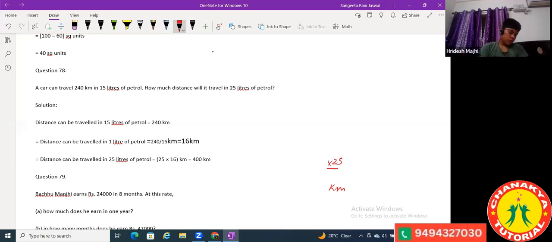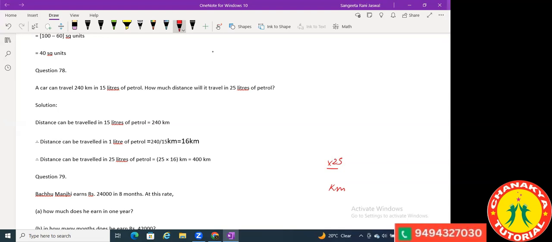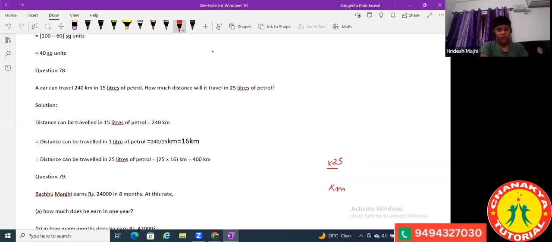Teacher, 3 8s are 24. Again we have to add an extra 0, which equals 125 by 80. Yeah, teacher. Can you tell me how much the car will travel in 25 liters? Teacher, I didn't get it, but I have cancelled to the lowest terms.